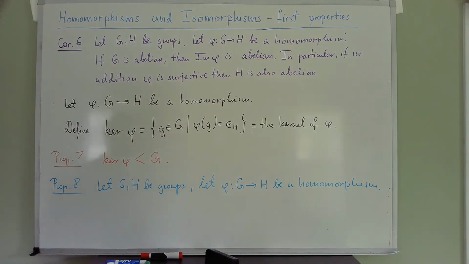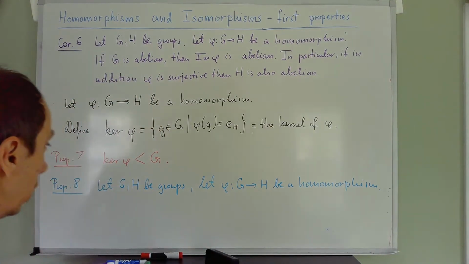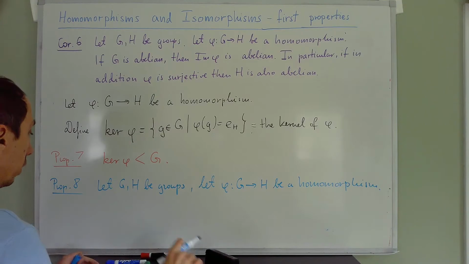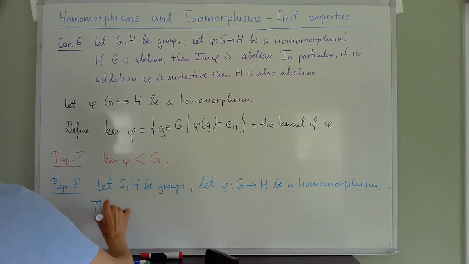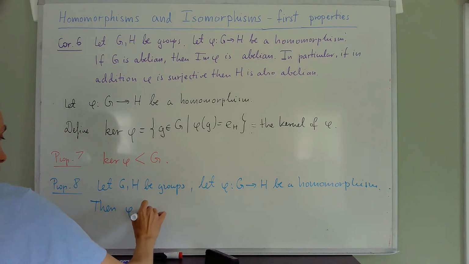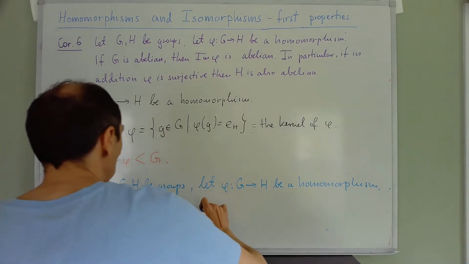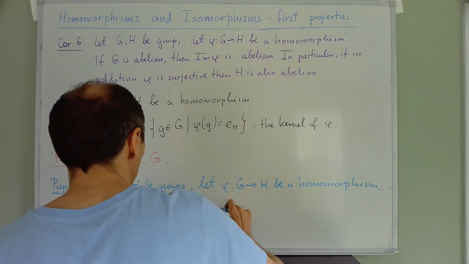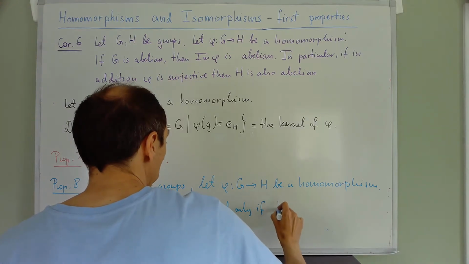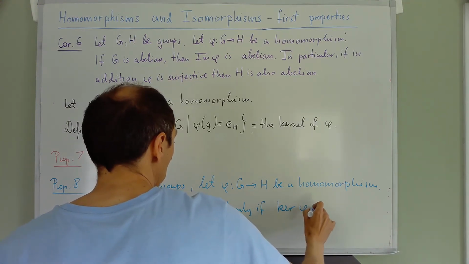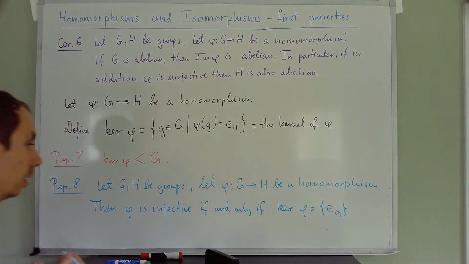Just like in linear algebra, there is an easy way to check if a homomorphism is injective. Namely, you just check if the kernel is trivial. Then phi is injective if and only if the kernel of phi is just the identity in G.